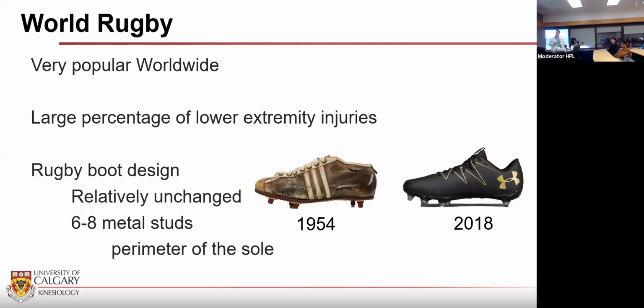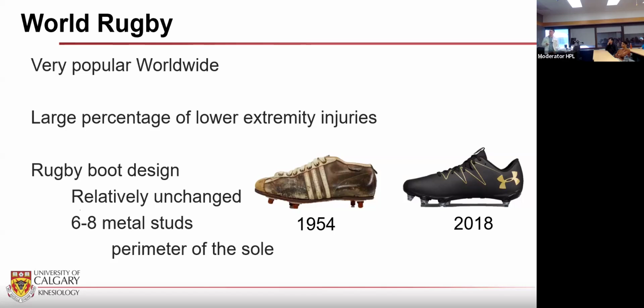However, if we compare rugby boot design over the past couple decades, there's really been not a lot of change. So here's a sample shoe that was used in 1954 compared to a rugby boot in 2018 when we conducted this study. Well, there are some changes in the materials, but overall, the general concept of the shoe is relatively similar.